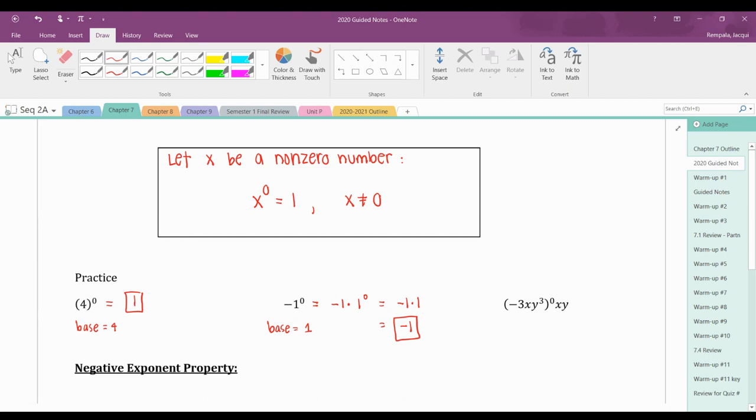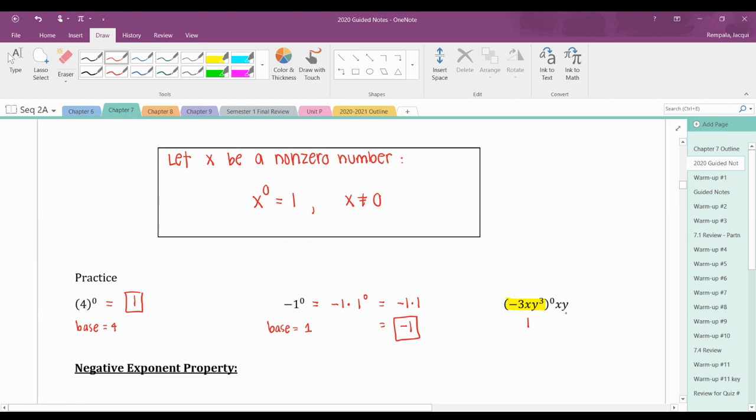In the next example, in parentheses, we have negative 3x to the third, xy to the third, and that whole thing is raised to the power of 0, and that's being multiplied by xy. Notice that everything in parentheses is being raised to the power of 0. That means that the whole parenthesis, because it's raised to the power of 0, will just turn into the number 1 because of our definition.